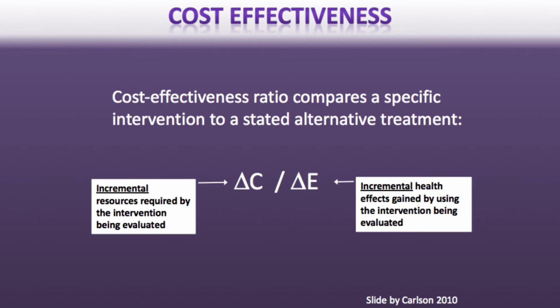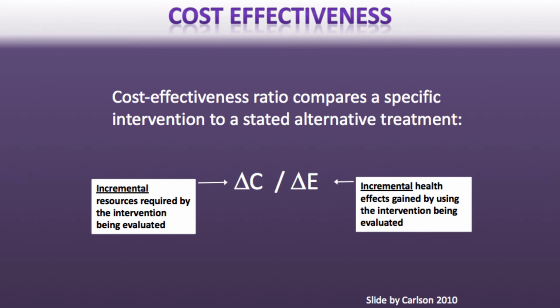So it's incremental: we look at the change in cost divided by the change in effectiveness of an intervention, or effectiveness of treating a particular health condition. And again, here we're looking at comparative effectiveness, comparing the new intervention that we want to do to the best or standard alternative that we're interested in.